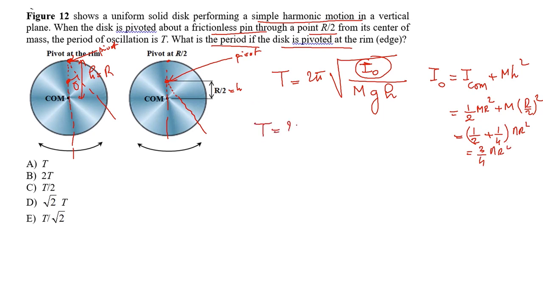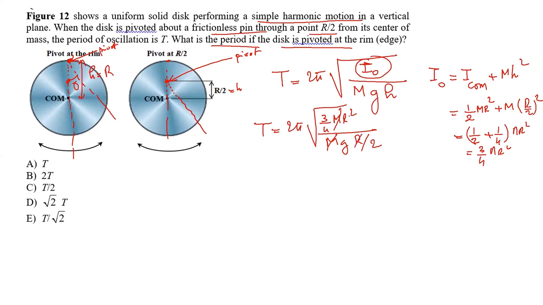I will have T is 2 pi square root of 3 divided by 4 m r squared divided by m g h. h is r divided by 2. Of course, m will simplify. This is why the period of oscillation does not depend on the mass, because you have a mass in the moment of inertia and you have the mass in the denominator.